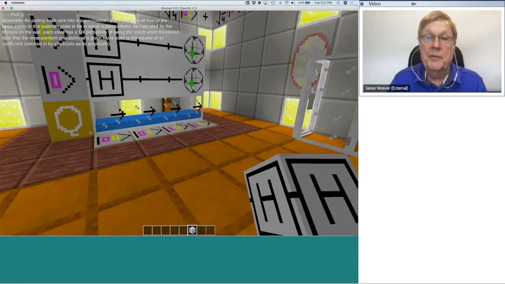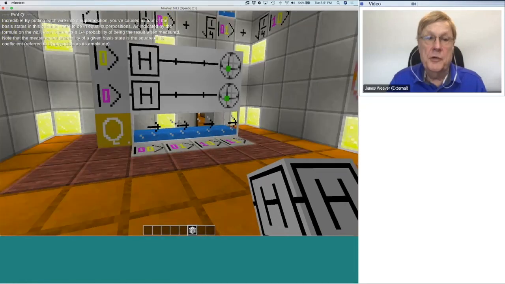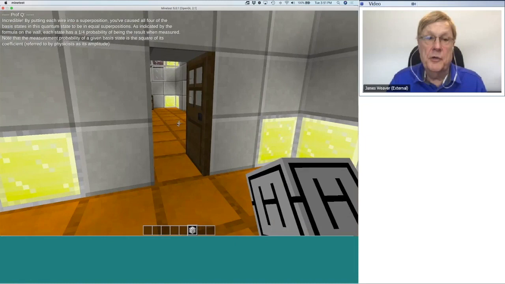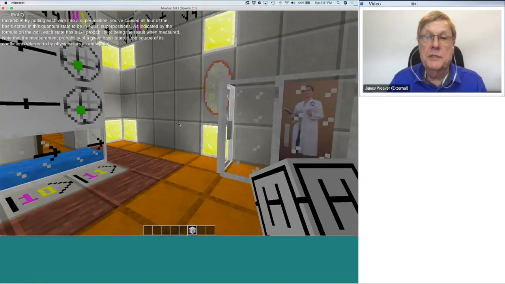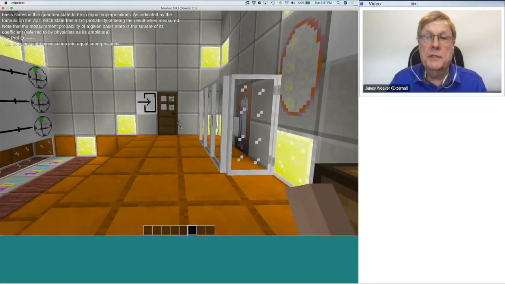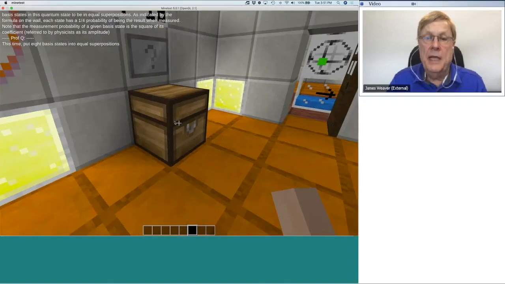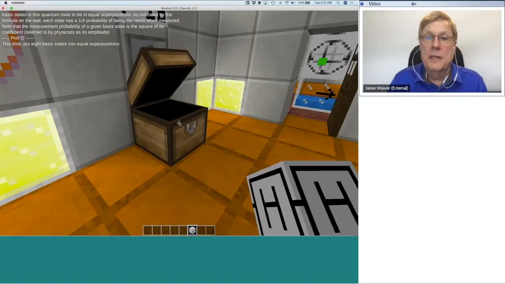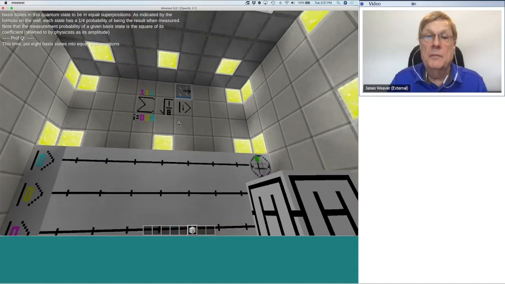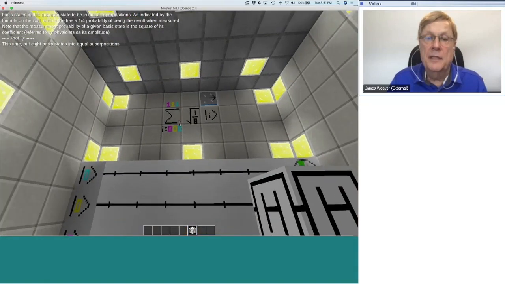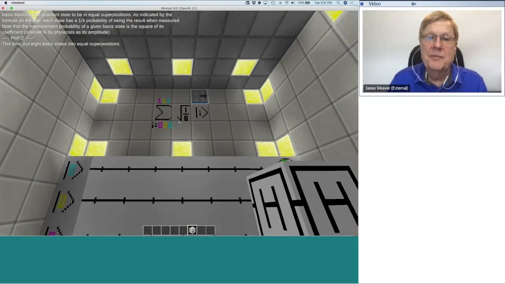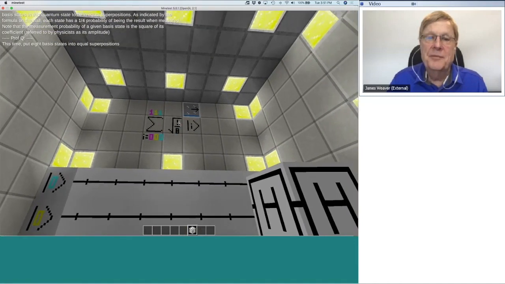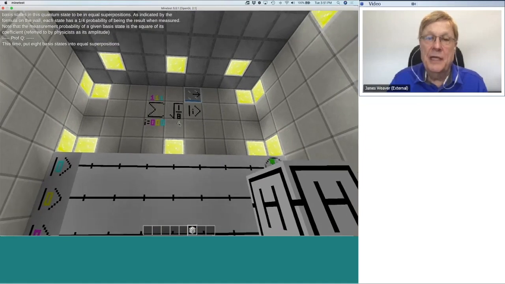And then going to the next room, we're going to do the same thing with 3 wires. We'll get the H gate out here, and we want that funny notation. That's basically a summation notation, saying we want a probability of 1/8 of measuring all of the states.